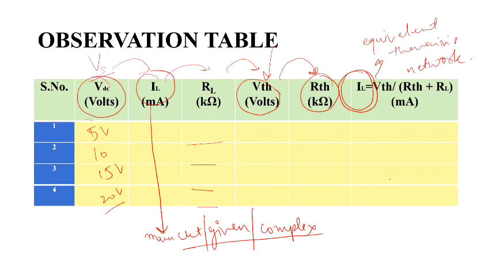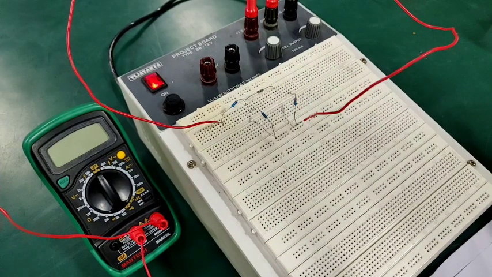All right, and if this column and this column are equivalent, then you can say your Thevenin's theorem has been successfully verified. Let us now move on to the practical realization of Thevenin's theorem.